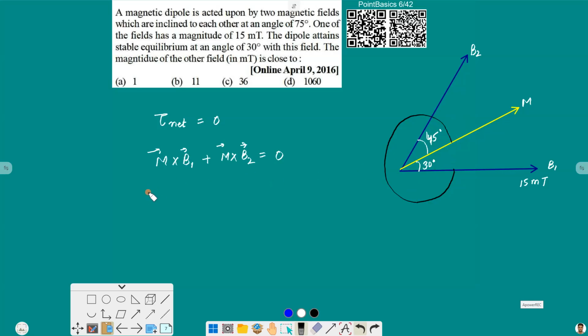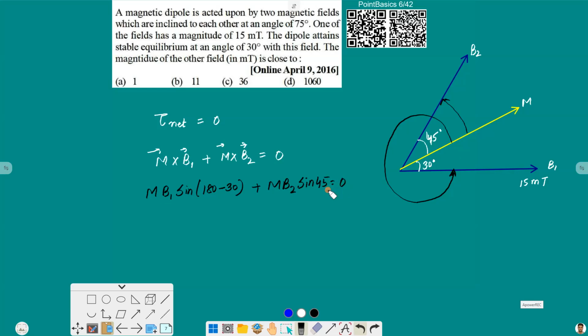So here we will have magnitude of M B1 sine of 180 minus 30 plus, for second scenario, M and B2, angle between M and B2, we will start from M in the counterclockwise direction. So this will be the angle. That is 45, that is known to us. So M B2 sine of 45 is equal to 0.